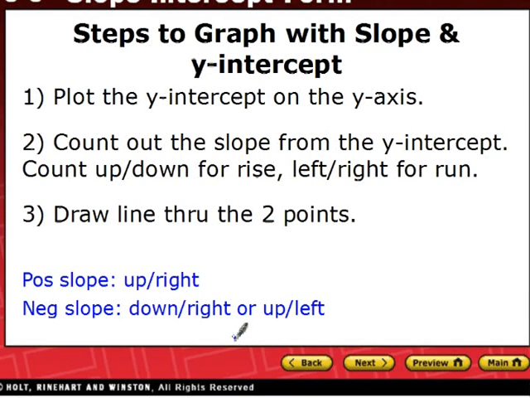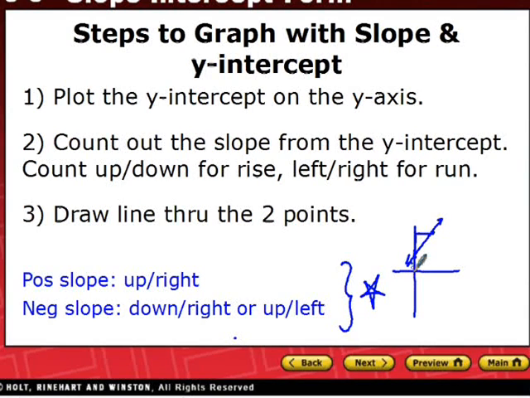Notice down here, this is a good thing to write down, that when you have a positive slope, the rise will go up and then over to the right, so you get a positive slope.